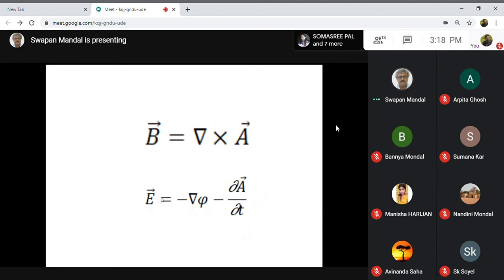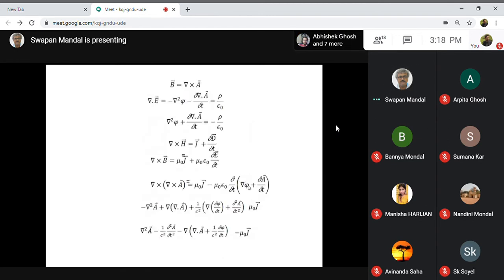Could you follow me? Instead of E, I will write it as minus gradient of phi minus del A del T. So here, instead of E, you just put minus, you take it outside exactly. Minus you have taken outside. Therefore, inside it will be gradient of phi plus del A del T, and the negative sign is sitting here.